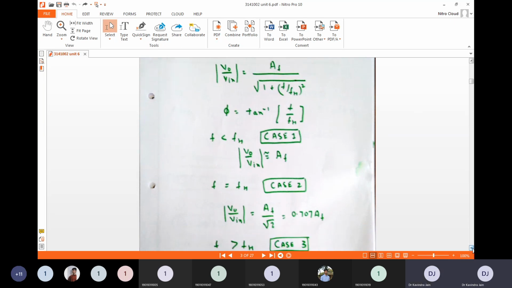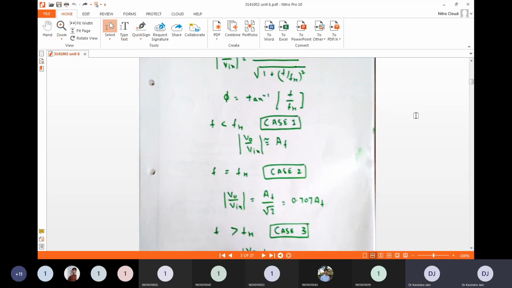Now, case number 3, when F is greater than FH, V naught upon V in would be less than AF. So, by these 3 cases, we came to know that LPF, that is low pass filter, has a constant gain from 0 hertz to FH value.